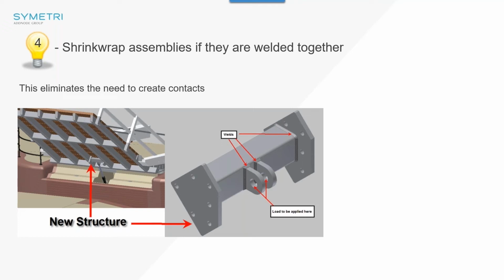The benefit of that method is that you're not going to have too many contacts, and you may not have any mesh failures, because when you create welds in Inventor, you have sharp edges and very small features, for example when you have a weld around a radius. So I would suggest shrink wrapping it into a single component.